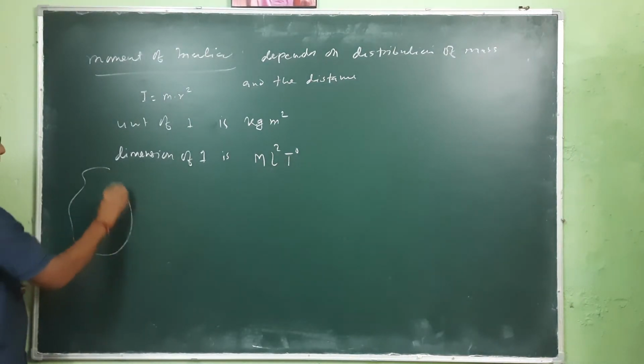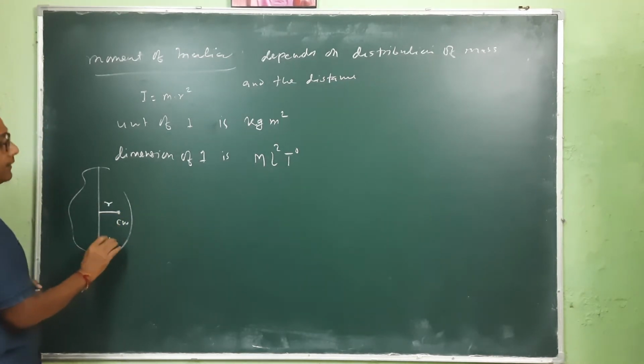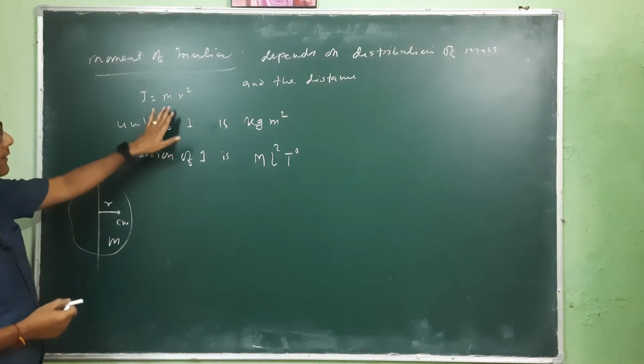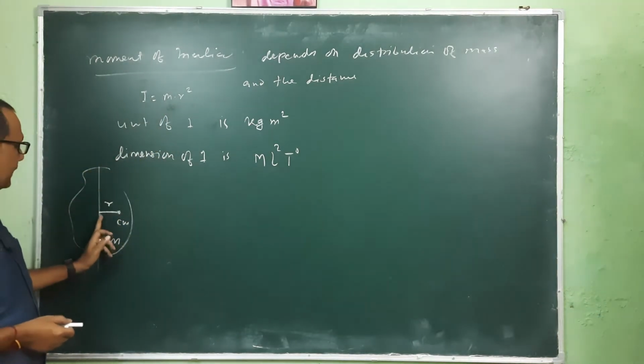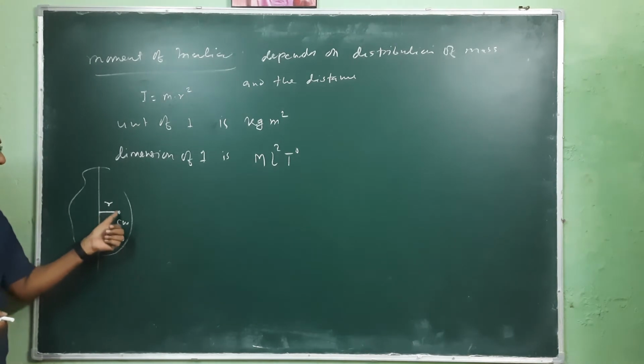So if this is the body, and the center of mass is somewhere here, and this is r, and the total mass is m, then we can get this relation. Here r is actually the perpendicular distance from the axis to the center of mass.